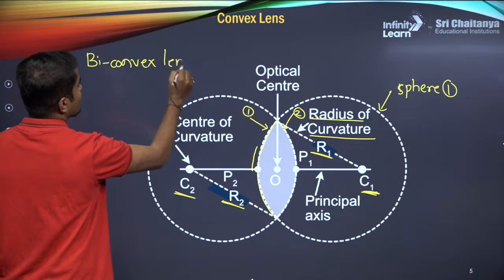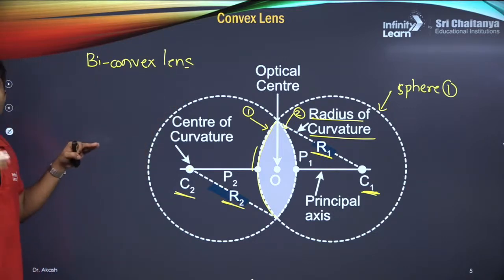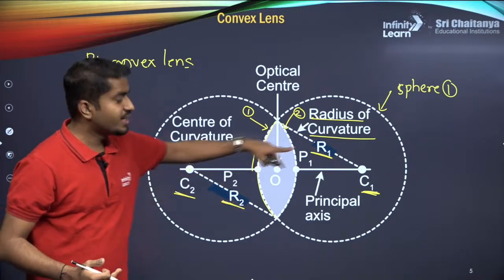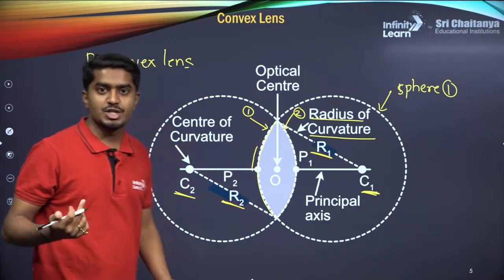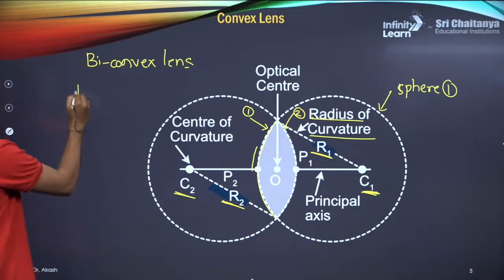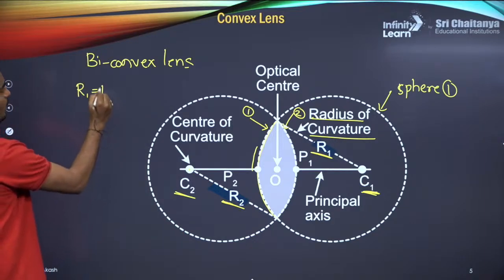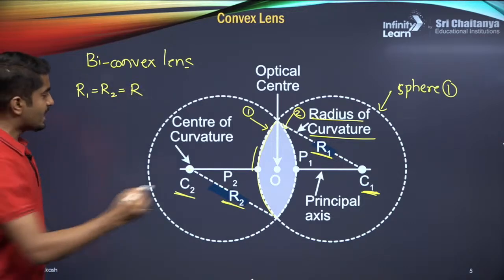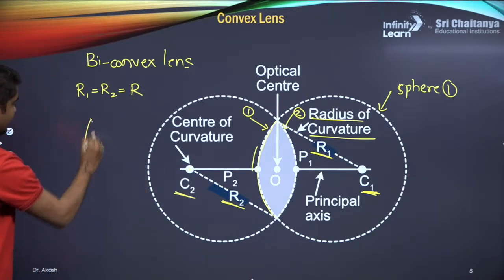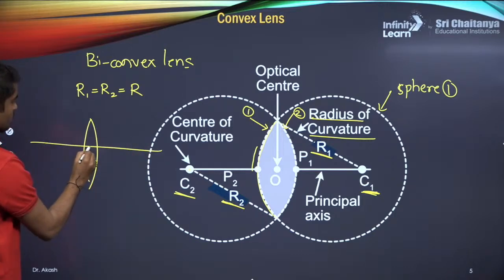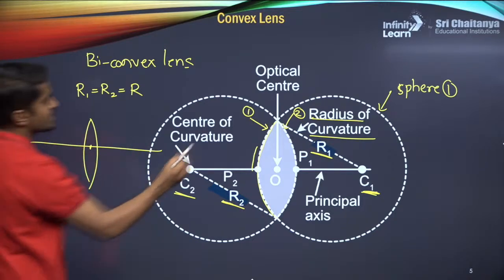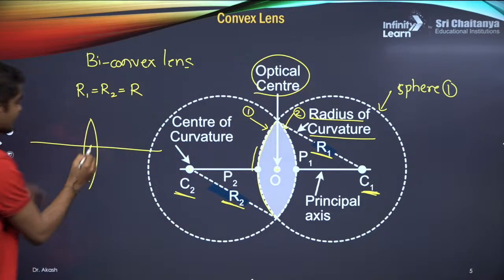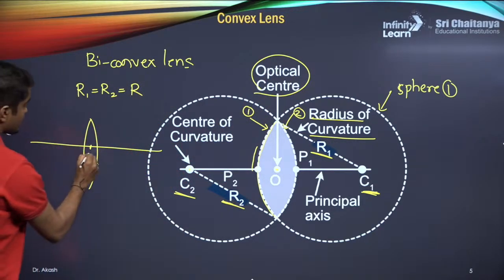In general, a lens can have different radii of curvature, but we are going to choose R1 equal to R2, which is simply R. So now this lens will look something like this. There is a center of the lens, called the optical center, this point here, exactly at the center, O.